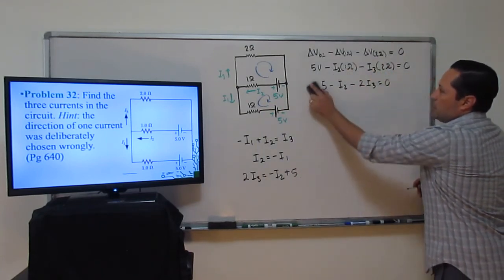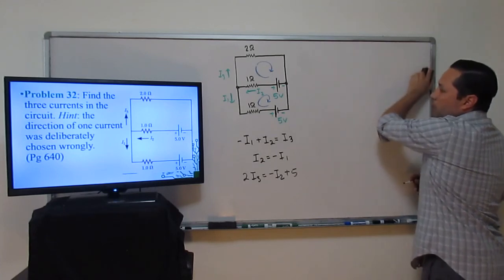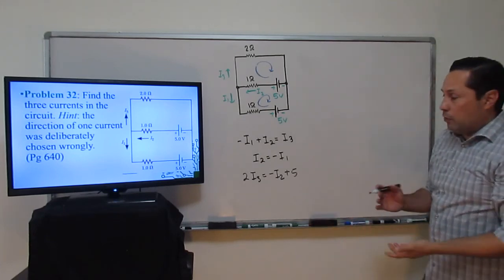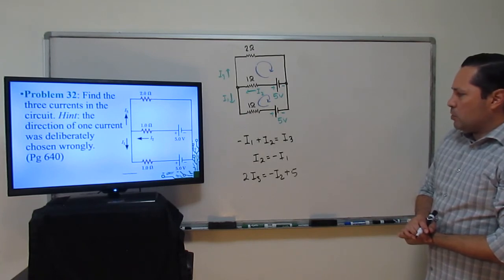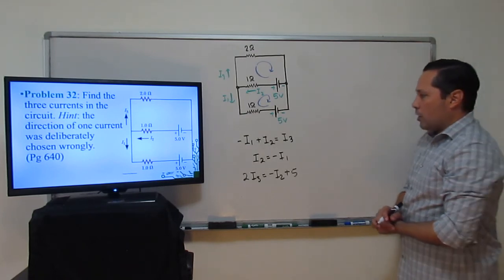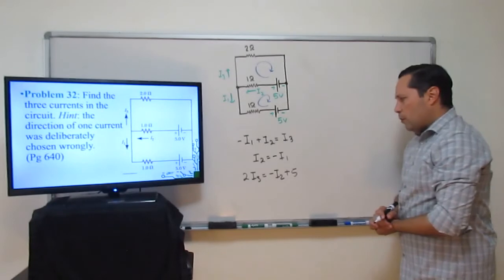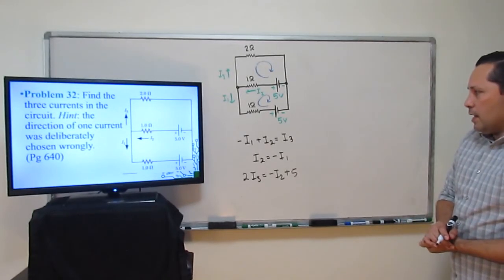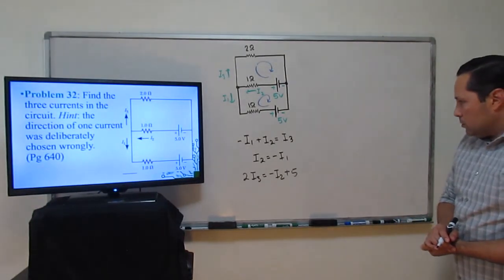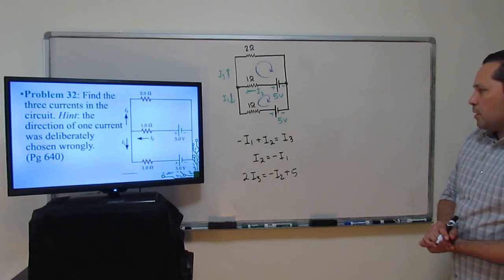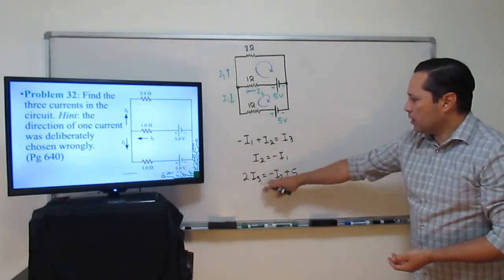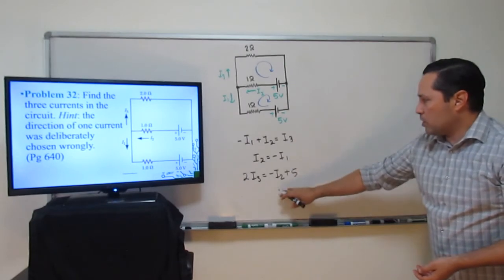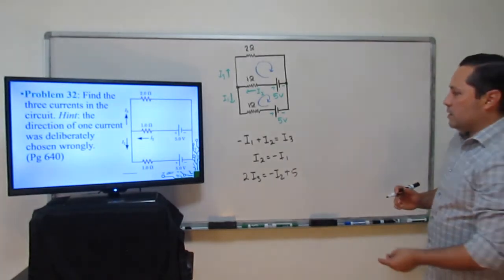Now we can go ahead and start substituting into each other and solving this problem. All right, so where should we begin? Well, we can go ahead and do a couple of substitutions. So for example, we can go ahead and substitute the I3 here. All right, so let's substitute this top one with this bottom one, and let's see what we get.